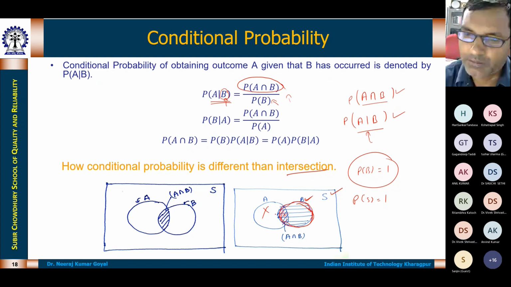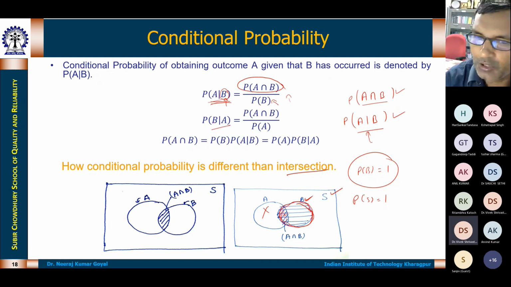So here we take probability of A intersection B, and when we divide by probability of B, it will give you A given B. Similarly, if I calculate B given A, then I will say that A has occurred. So my sample space will change to A only. And out of A, when B is occurring, that is A intersection B, right? So when we are calculating conditional probabilities, our sample space is shrinking to that event.